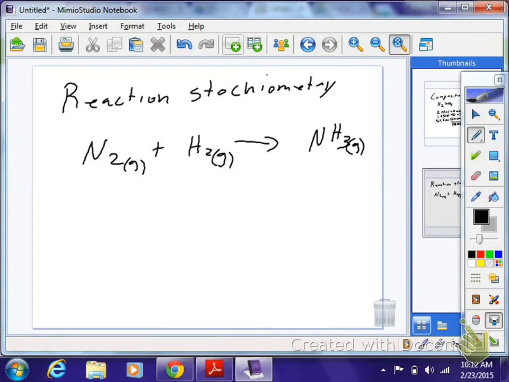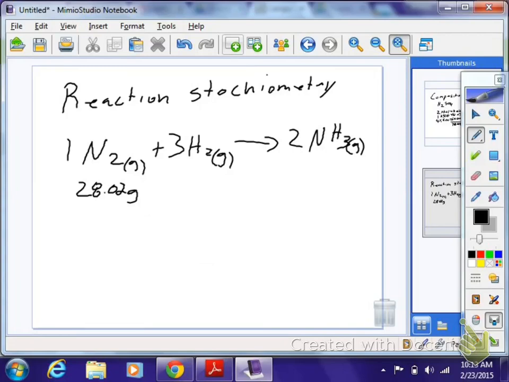If we go ahead and balance this equation, we just put a 2 in front of NH3 and a 3 in front of H2, and it's balanced. So we can relate all the weights if we wanted to. You don't have to write it down, but this is called reaction stoichiometry. If we had 1 mole of N2, that's 28.02 grams total for just the N2.